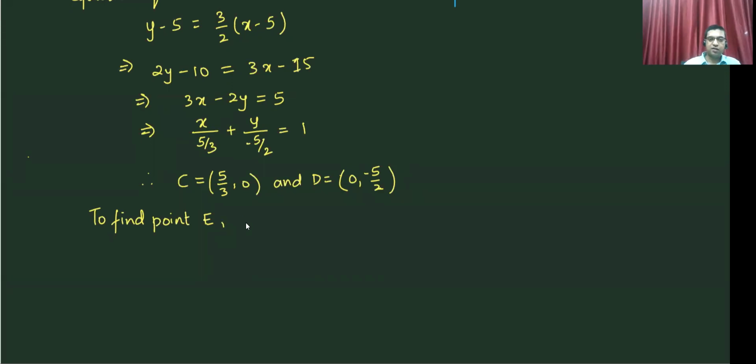We solve two equations to find the point E, which is the point of intersection of the two lines.